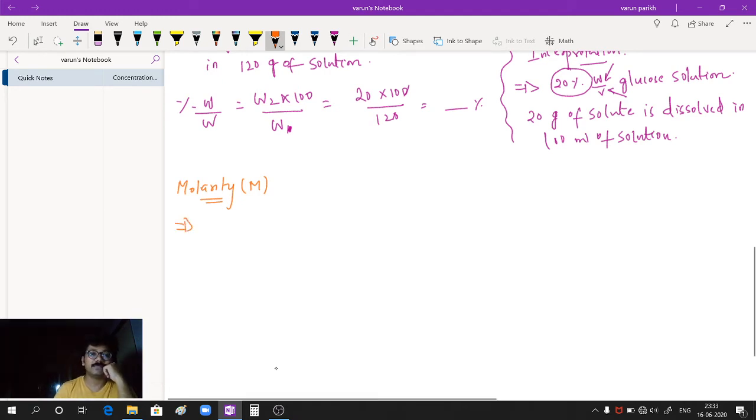So understand the definition: the number of moles of solute dissolved per liter of solution is known as molarity.